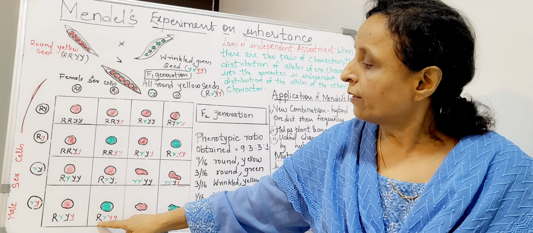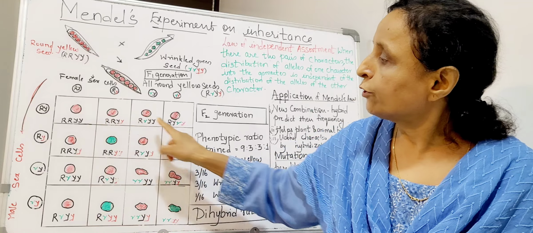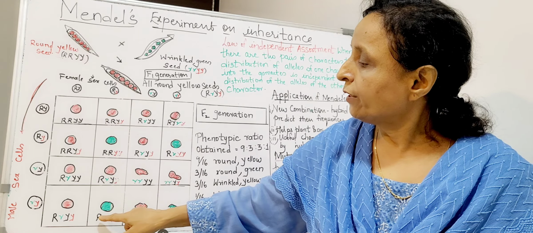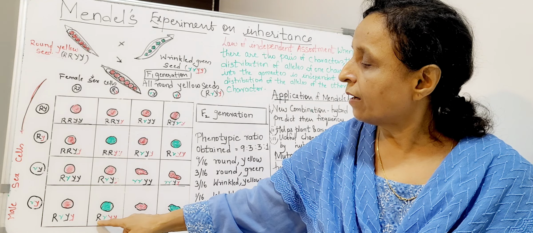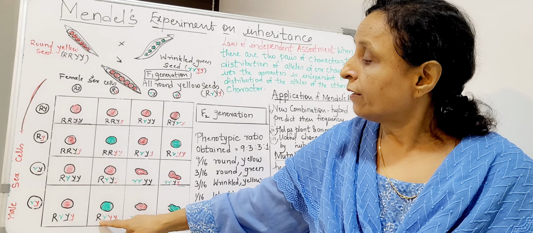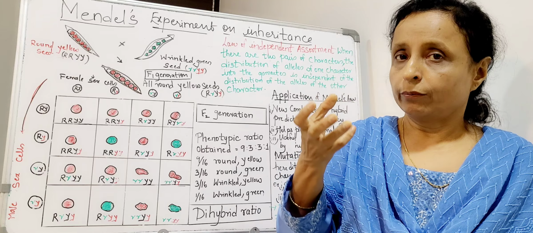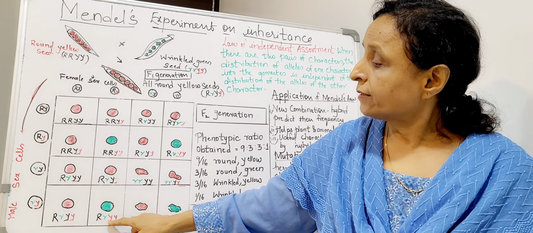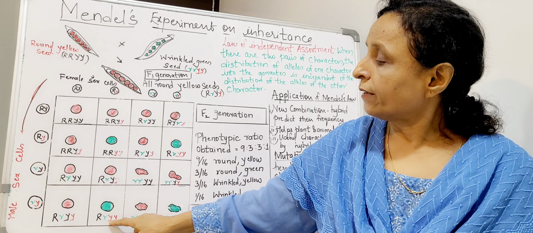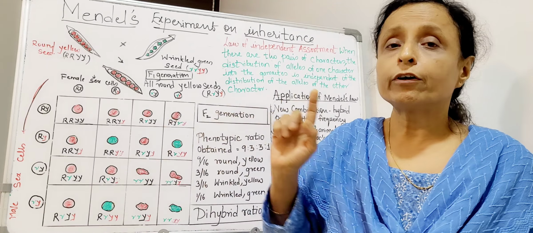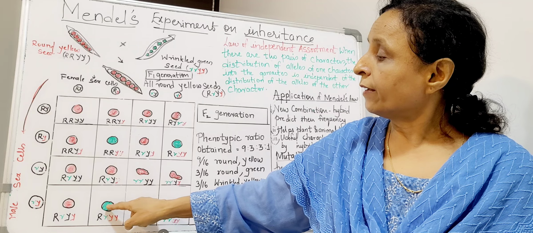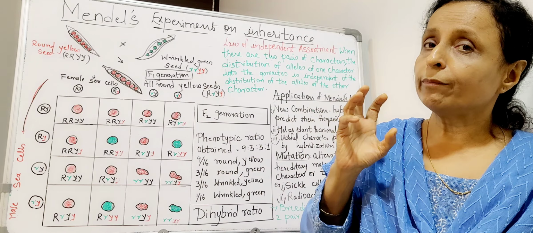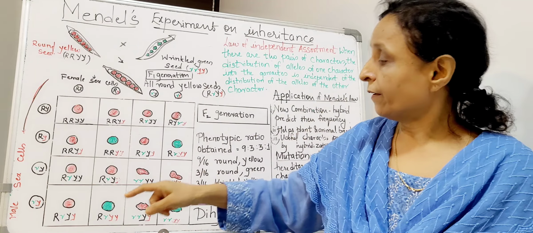Here only one capital R. Black color shows capital. So here only one capital R is there. So here it is going to be round. But for the color it is recessive. It is not going to be yellow, it is going to be green in color. So the seed will be round and green in color.